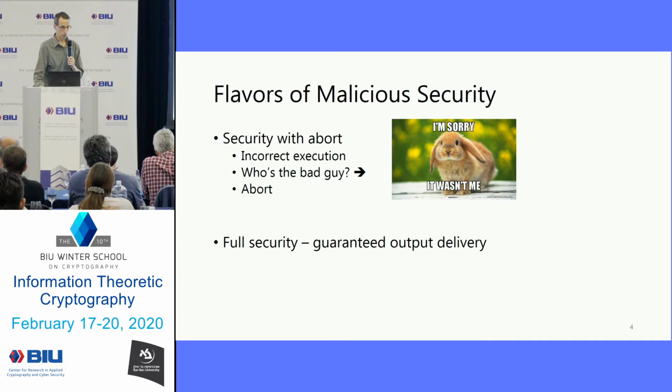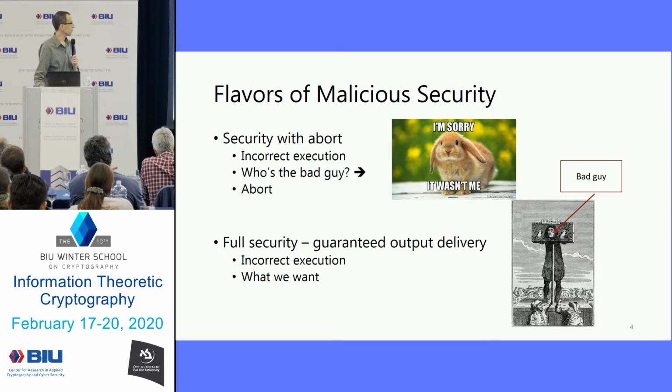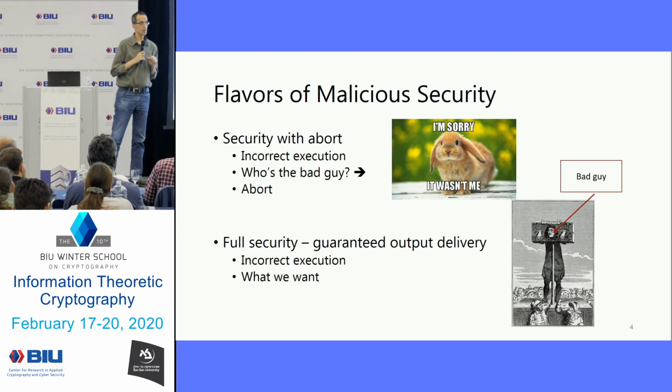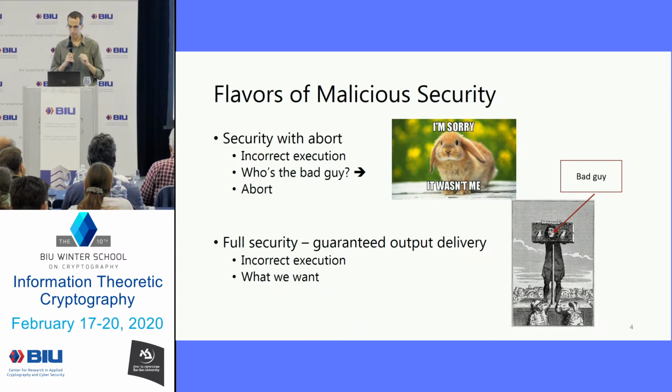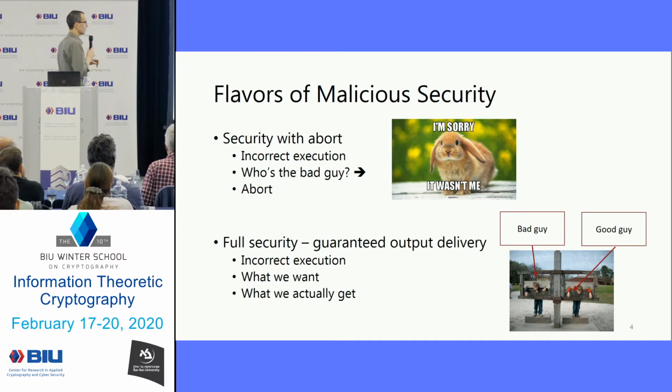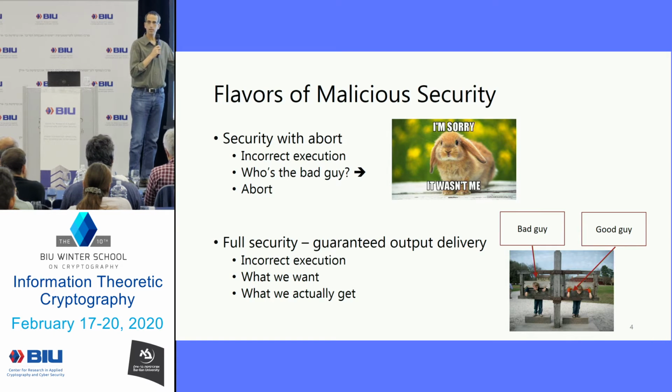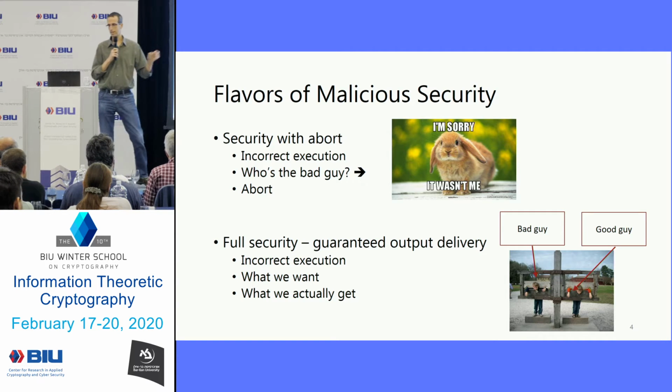And what we want in an incorrect execution is to find the bad guy, and throw rotten eggs and vegetables at the person. We're not going to get that. What we will get is this: two people. One of them is bad. The kid looks cute, but he's not.